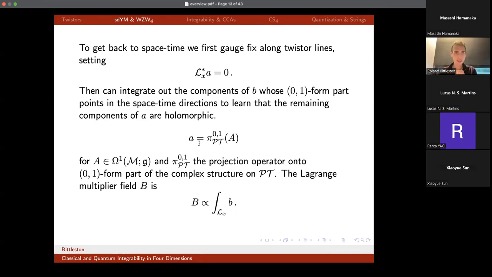But it's very easy to see that this is holomorphic. At this stage, the dependence of all the fields on the twistor coordinates, the z coordinate that I introduced before, is completely fixed except for the remaining component of B. And so when we do the integral over that coordinate, we just get an integral of B, and that gives us our Lagrange multiplier field.